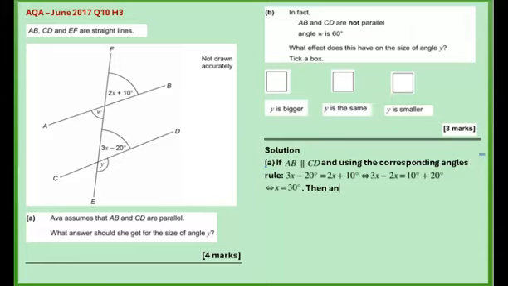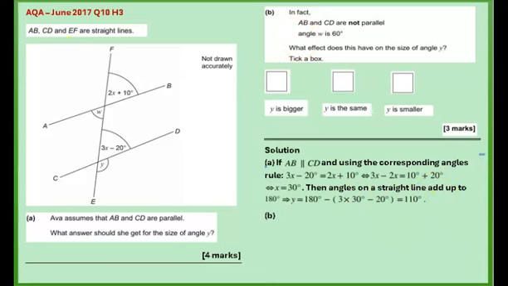To find the angle y, we subtract angle 3x minus 20 from 180. Because we know how much x is, we substitute the value of x in there, and we get exactly the value of y: 110 degrees. That's very quick and easy.